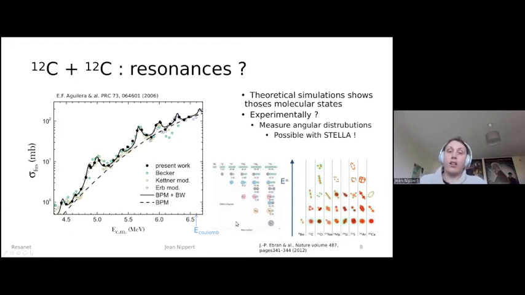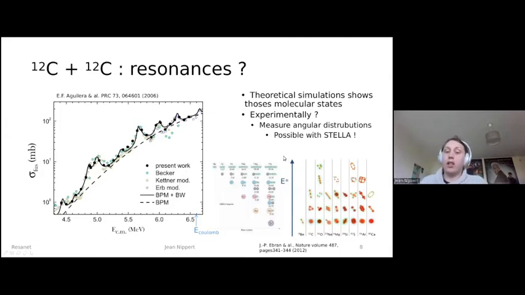And we had some evidence of it experimentally, but in the theoretical part, it was quite hard to explain.